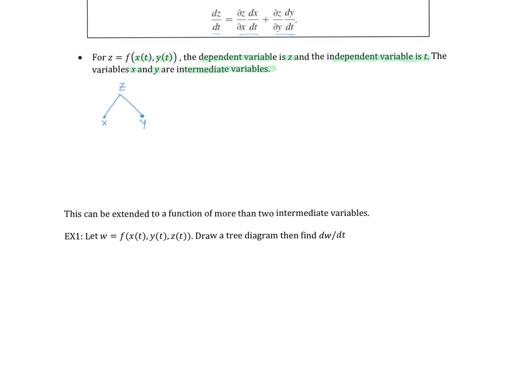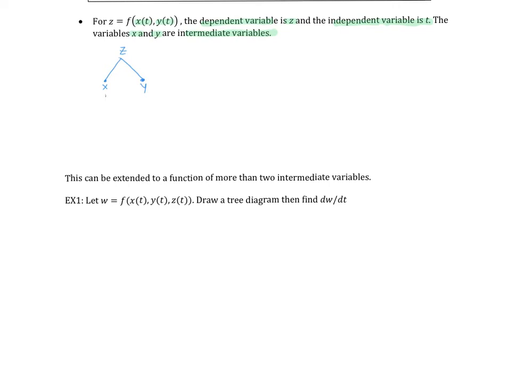However, my function x is written in terms of a variable t, and my function y is written in terms of a variable t. So whenever you take the derivative of a function of two or more variables, it's the partial derivative. So notice if I take the derivative of z with respect to x, it's a partial derivative of z with respect to the variable x.